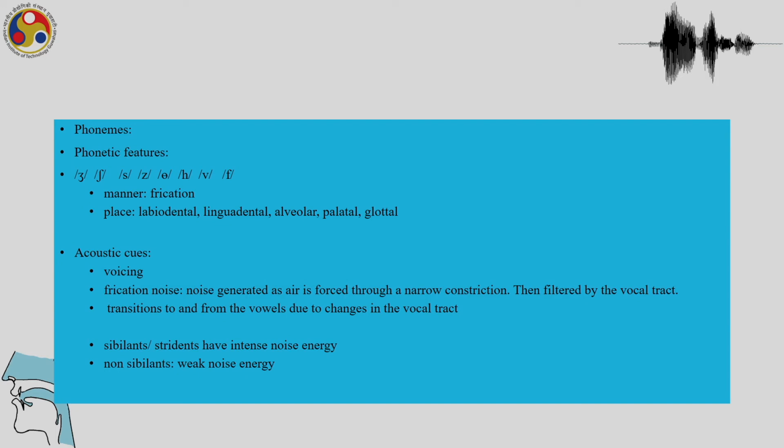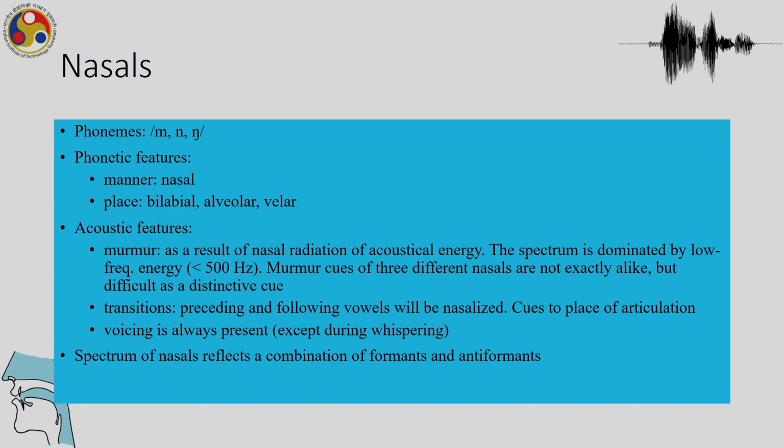So, noise is generated as air is forced through a narrow constriction for fricatives, and that is filtered by the vocal tract, and transitions to and from the vowels occur due to changes in the vocal tract. Sibilants have intense noise energy and non-sibilants have weak noise. So, the noise aspect which was stressed in the acoustic part is also very important in perception.